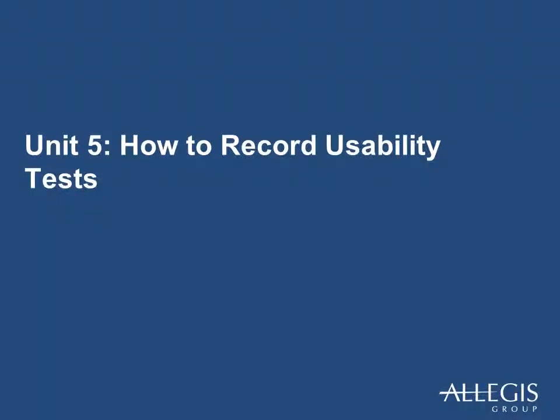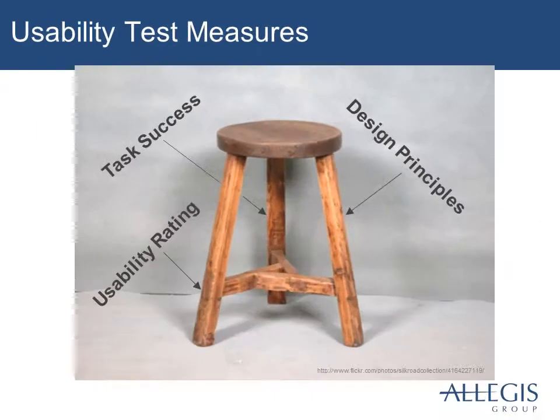So Unit 5 is the last unit in the core curriculum, and it's about the responsibilities of what we're calling the recorder. Now, in some scenarios, depending on where you are, there is sophisticated software that can be used to record things such as task completion, time on task, errors, things like that, for each end user that's participating in the activity.